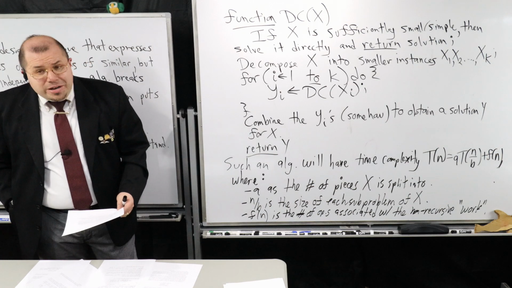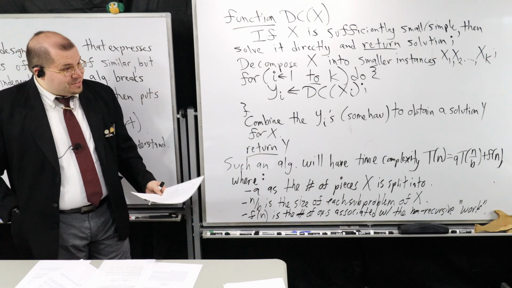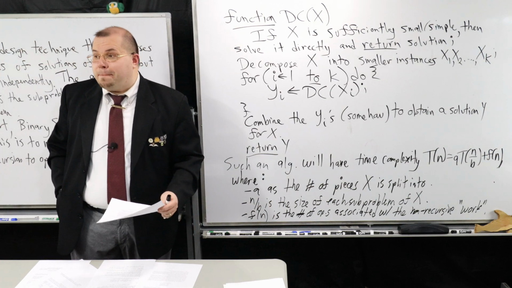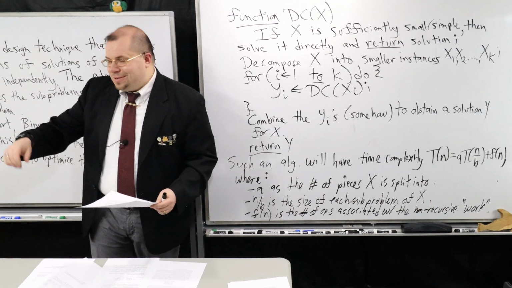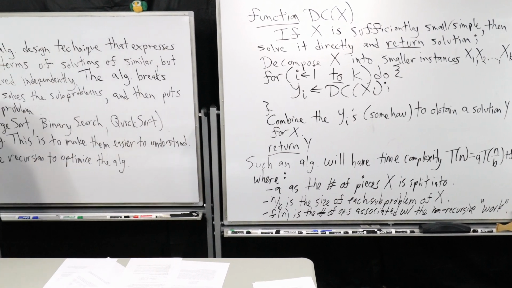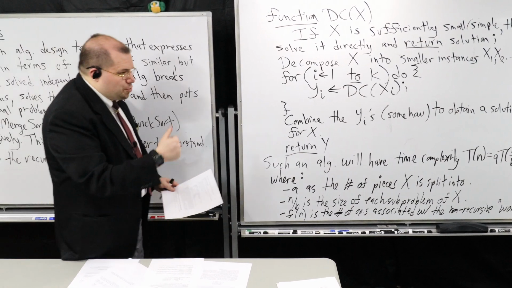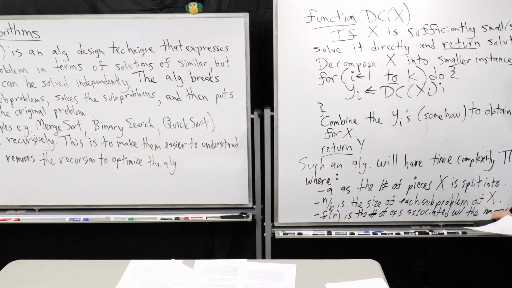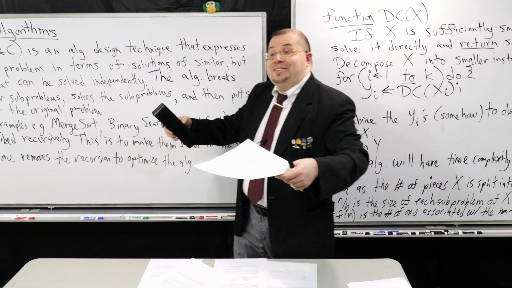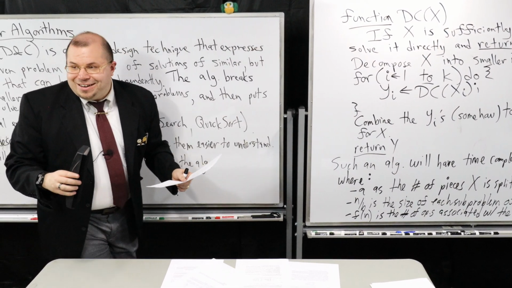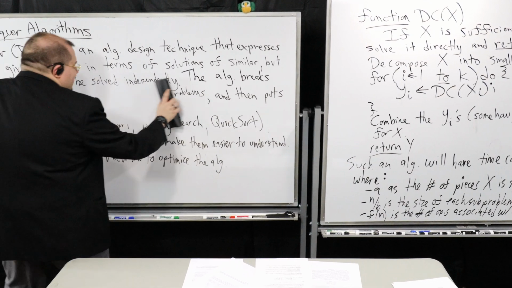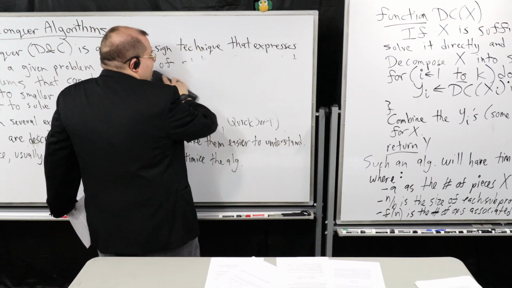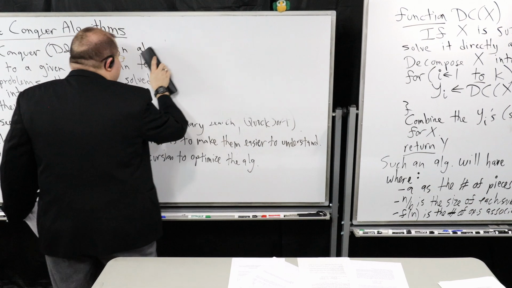I want to show you an example of applying what we just talked about, combining all these bits and pieces. I'm going to spend the last bit of this lecture talking about merge sort, because I promised you I was going to do a worst case analysis of merge sort at some point. I promised you this months ago, so I'm going to do it now. I'm sort of like an elephant, I just don't seem to forget these things.